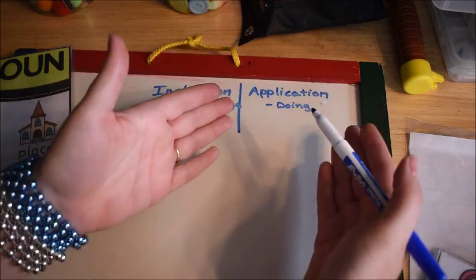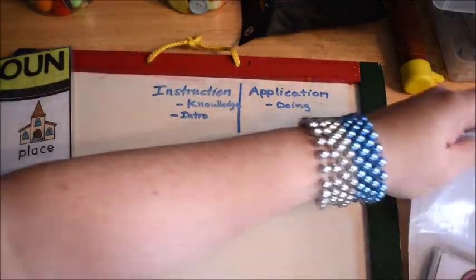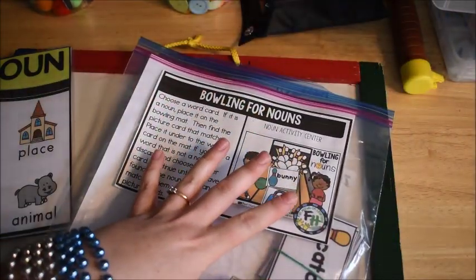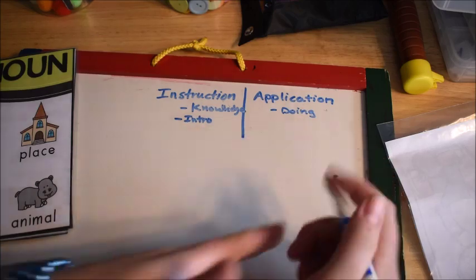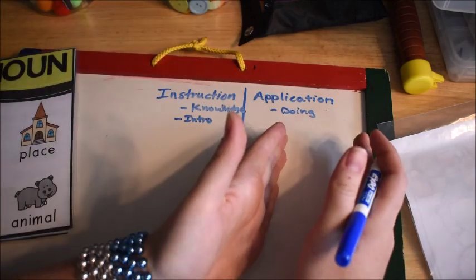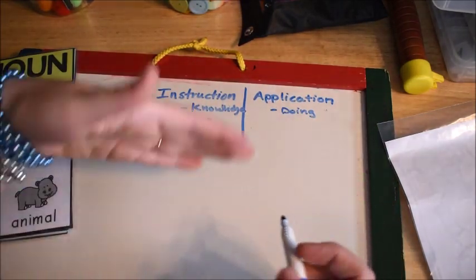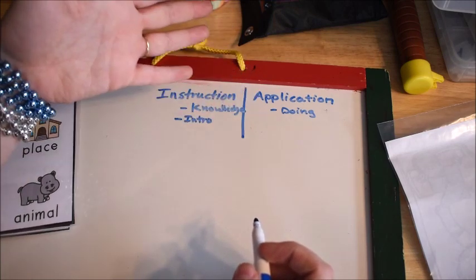And then under application, those are the activities. So all of these different hands-on activities that I've been showing in my videos, that is the application part, and those come second. So you want to instruct first, apply and do second. And our application can sometimes be a worksheet.